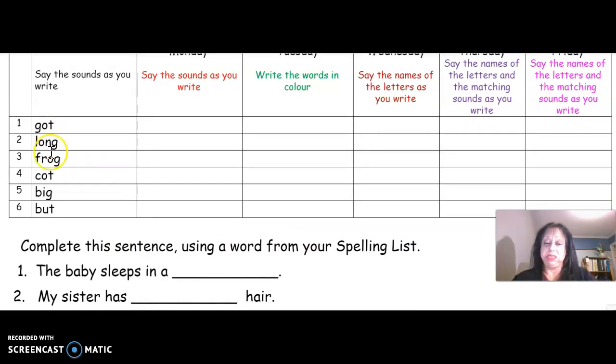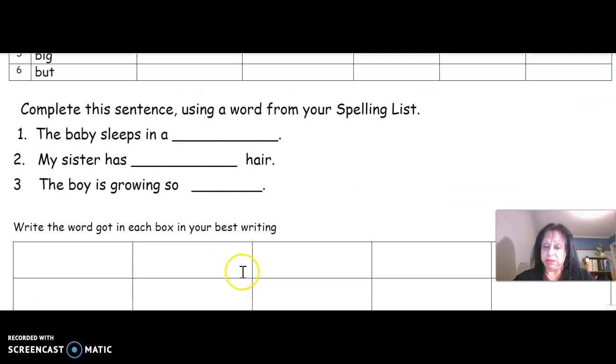Doesn't make sense. The baby sleeps in a long. That doesn't make sense. The baby sleeps in a frog. That certainly doesn't make sense. The baby sleeps in a cot. That makes sense. So you would copy the word cot in there for it to make sense.